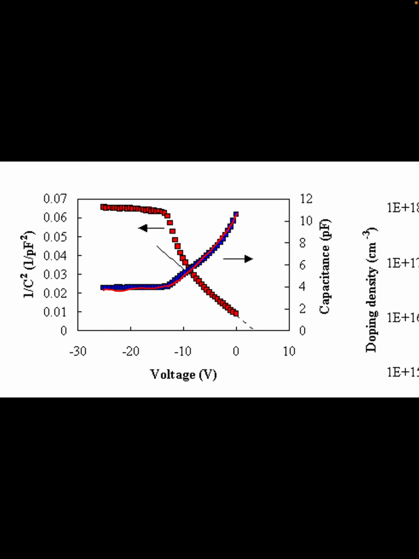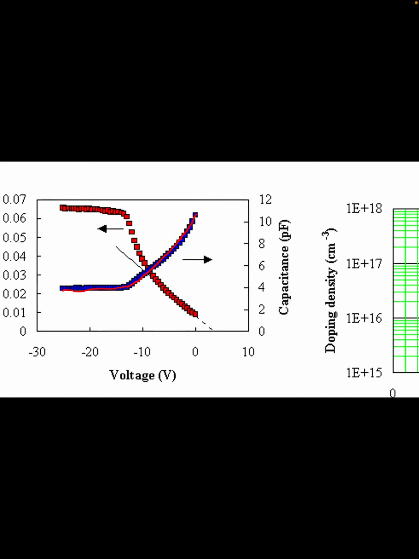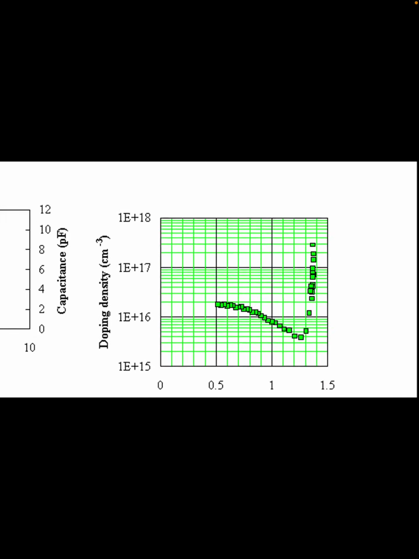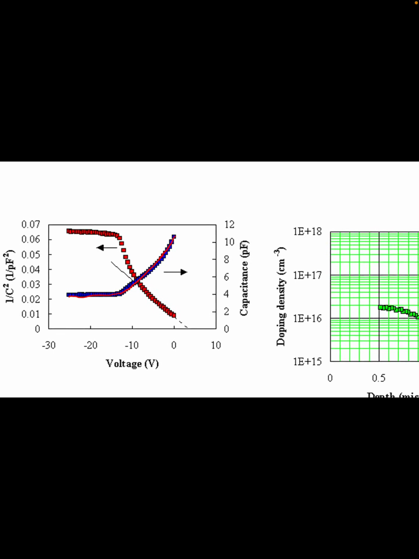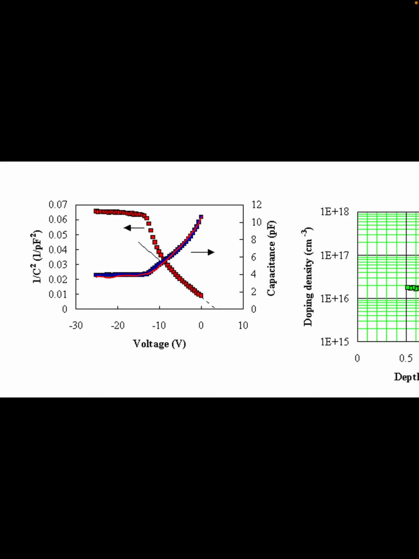right? And from this measured capacitance you can actually calculate 1 by C square at every potential, and if you plot this, you can calculate the slope of this curve at each value of x.